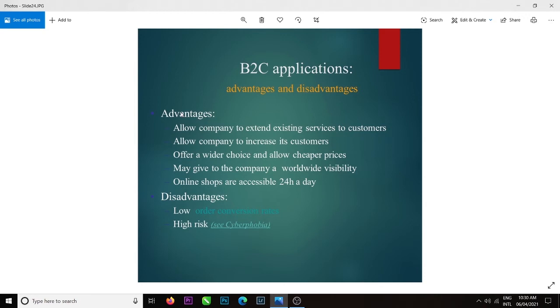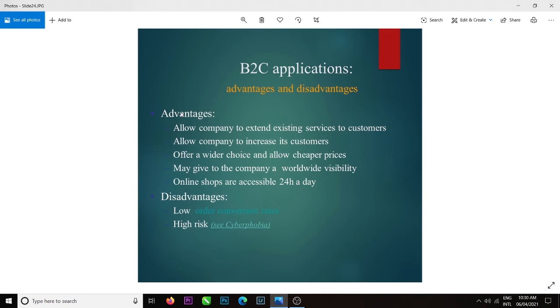Amazon is not an Indian company, but even rural India knows about Amazon. Some tier 3 or tier 2 cities are covered with delivery of goods. Online shops are accessible 24 hours a day. At any time you can order the goods.